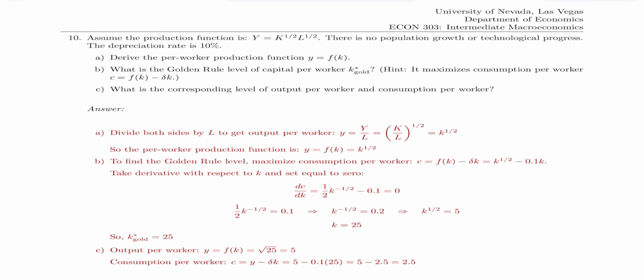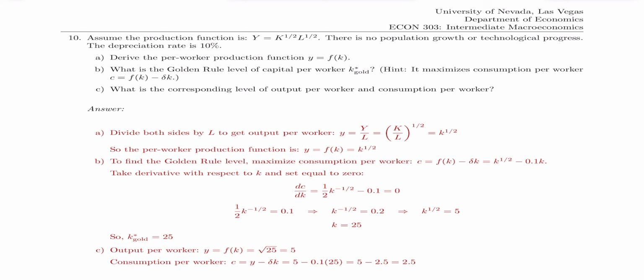Question number 10. We're given the production function y equals k to the exponent 1/2 times L to the exponent 1/2, and the depreciation rate delta equals 10% or 0.1. A. Divide by L, we get output per worker lowercase y equals lowercase k to the exponent 1/2.